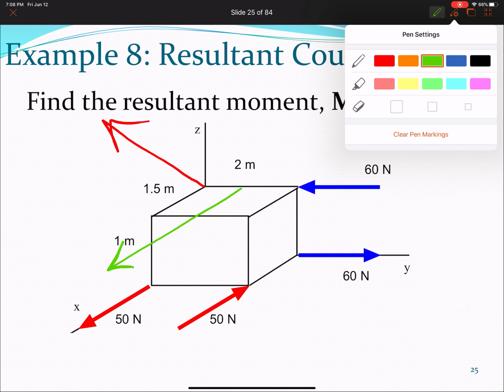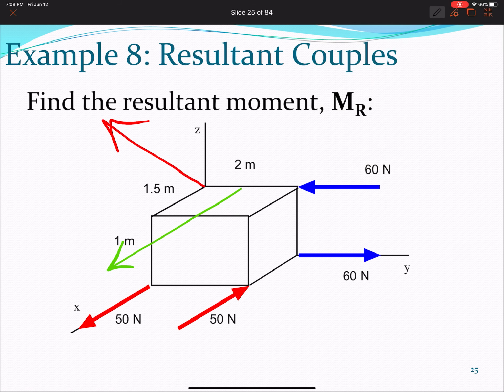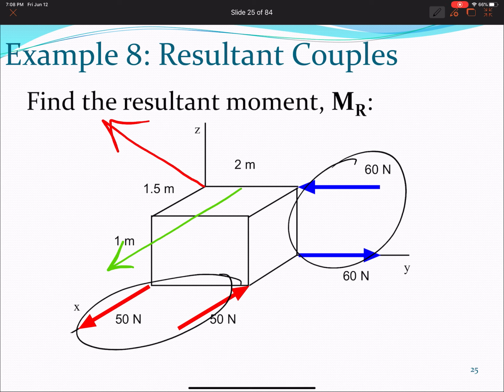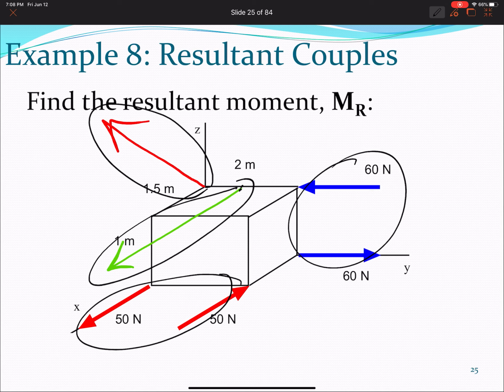You first take care of the couple moments, in just the way that we did. And then we calculate the moment caused by this green force about whatever point you were told. But nothing strange. We can calculate total moments if the rigid body is acted on by couples or single forces.